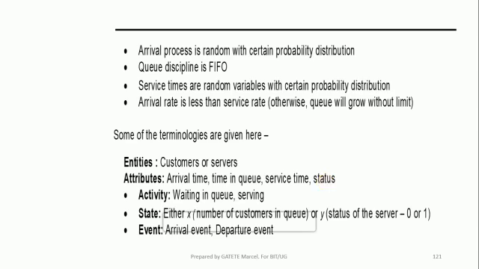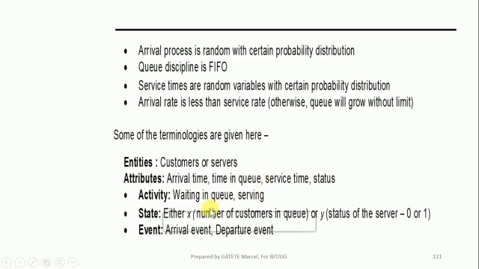There may also be activities, meaning the activities of the customer. The customer can have the activity of waiting in a queue, while the server can have the activity of serving or providing service.